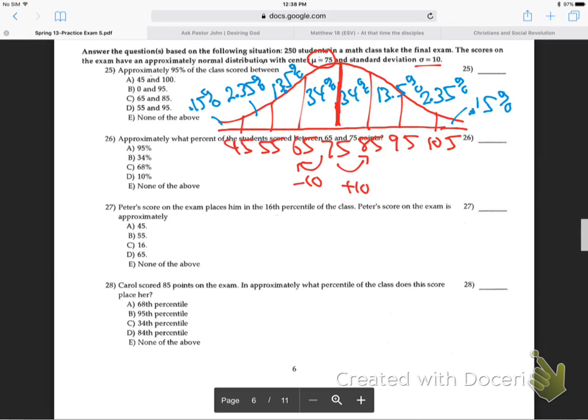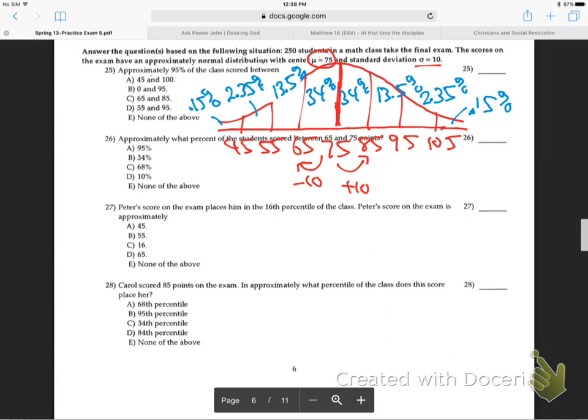So there's all those percentages, all filled in. Okay, so now let's see if we can answer their questions.